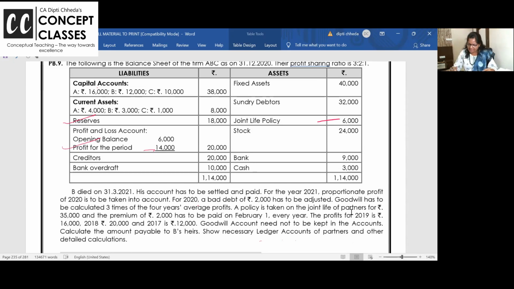Treated as asset. A policy is taken on joint life for 35,000. Premium of 2,000 is paid in February. This is the balance in January, the December balance sheet. In February 2,000 is paid, and on maturity you are getting 35. So just like an asset account, prepare the account.